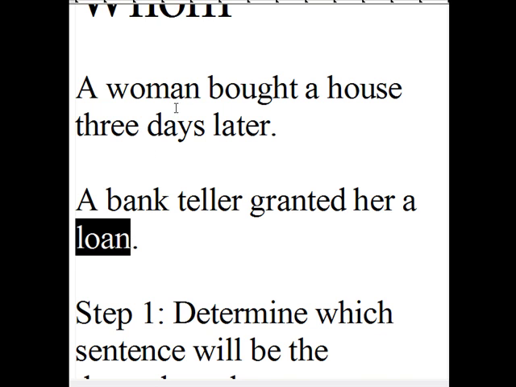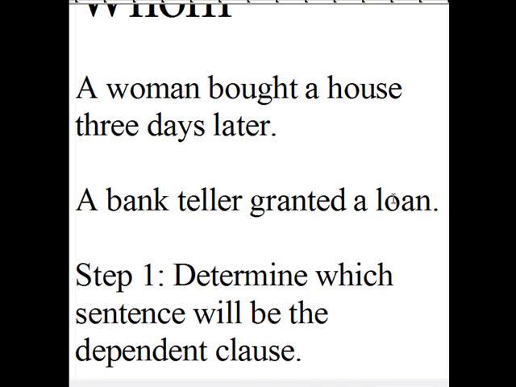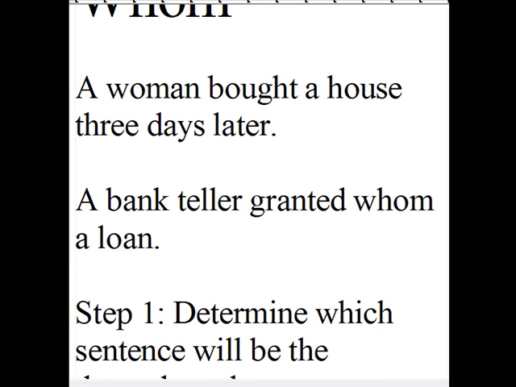So when we combine these two sentences, I think the word whom is actually going to replace this particular word here. So we type in this: a bank teller granted whom a loan. Now obviously we can't leave the sentence like this. Doesn't sound right, does it? So let's go to the next step.